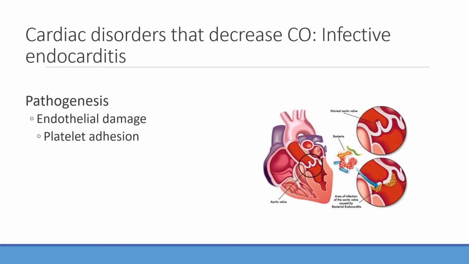Normally our endothelial cells are very smooth and they allow blood to move past without causing major damage. But in this case, we have an infection, and that infection is leading to rough spots. And so we could get platelets sticking right over here, and that is a major concern, right?